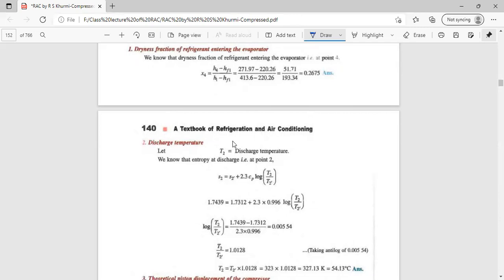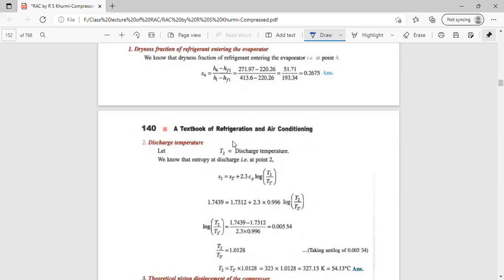Now, if you put in the value of T2 dash, which is known to us, T2 we don't know, Cp is given, S2 dash and S2 both are given, because S2 dash is equal to S1 and S2 is equal to S1, and S2 dash is given in the chart itself. So log T2 by T1 is given by the left portion of it.